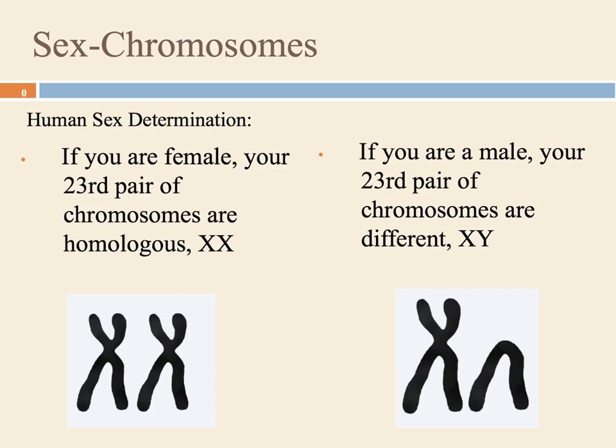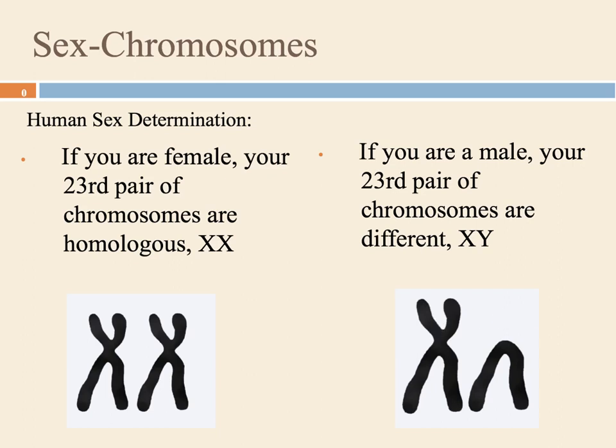Females are XX. That means that we are homozygous for this, and then males are XY. So if you look at the chromosomes that determine sex, this is what it would look like as you see here on the screen. This would be a female's, and then this would be a male's.